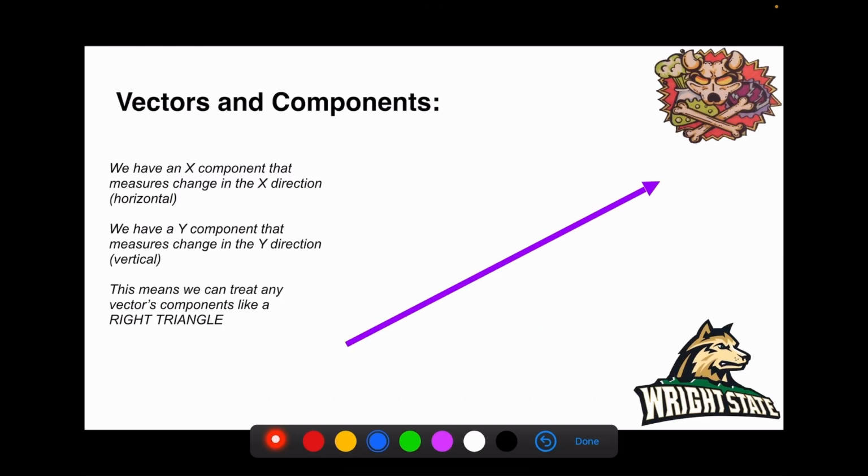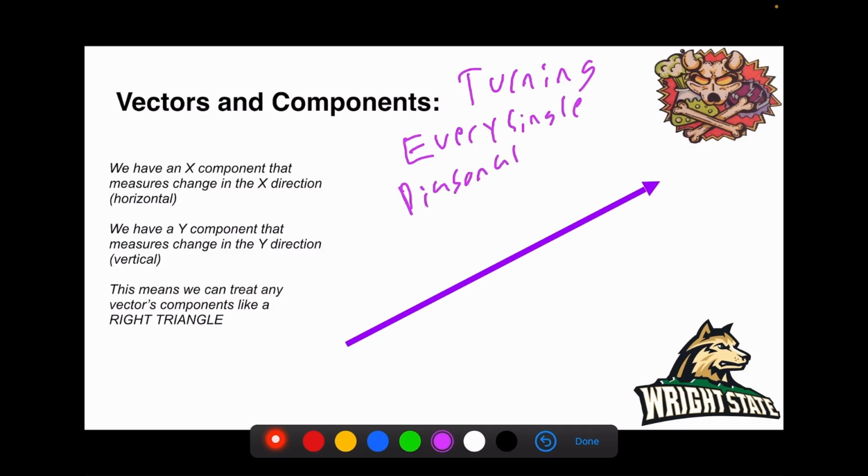This is really, really important because what we're going to do in physics is whenever we deal with a diagonal situation, we're going to make it a lot simpler by turning every single diagonal line into two straight lines.